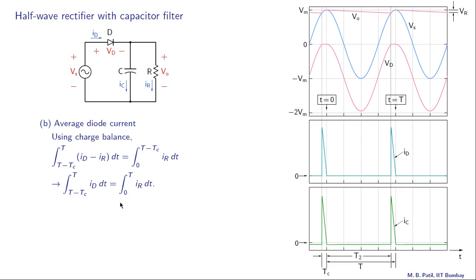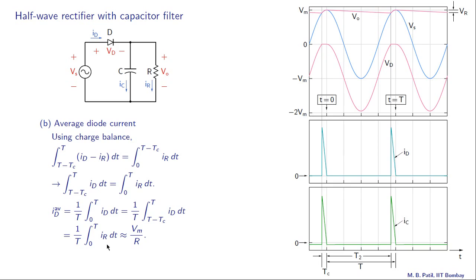And now we want the average value of the diode current. What is the average value? It is simply the integral from 0 to T ID dt, and 0 to T essentially means T minus Tc to T, because the diode does not conduct in this other interval, and that we need to divide by the period T. So that is what we get, and since this and that are equal, we get ID average equal to 1 over T integral IR dt over 1 period.